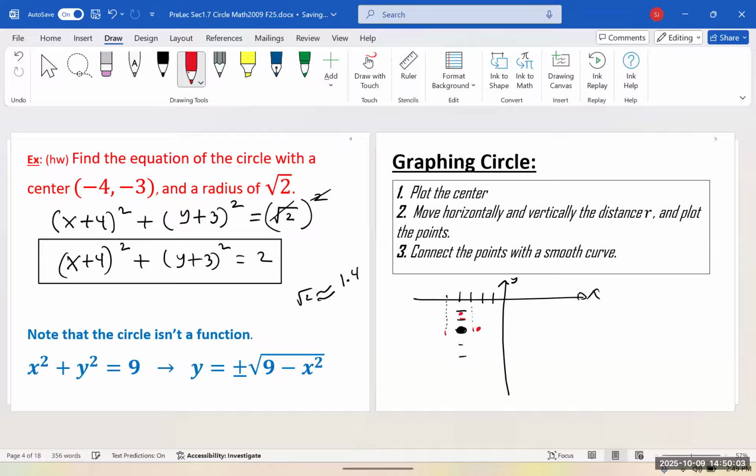So you go the radius units in all directions. And then you connect with a smooth circle. Question? So the radius is the square root of 2, which is 1.4. And our center was -4, -3.